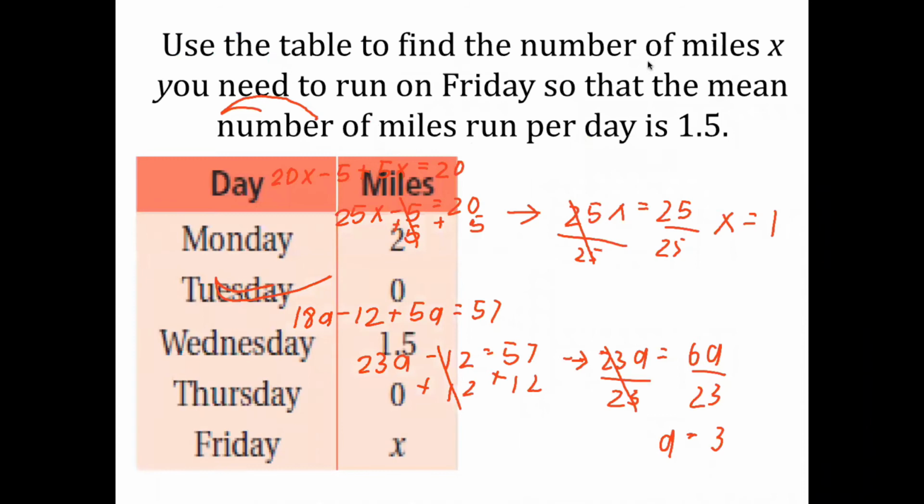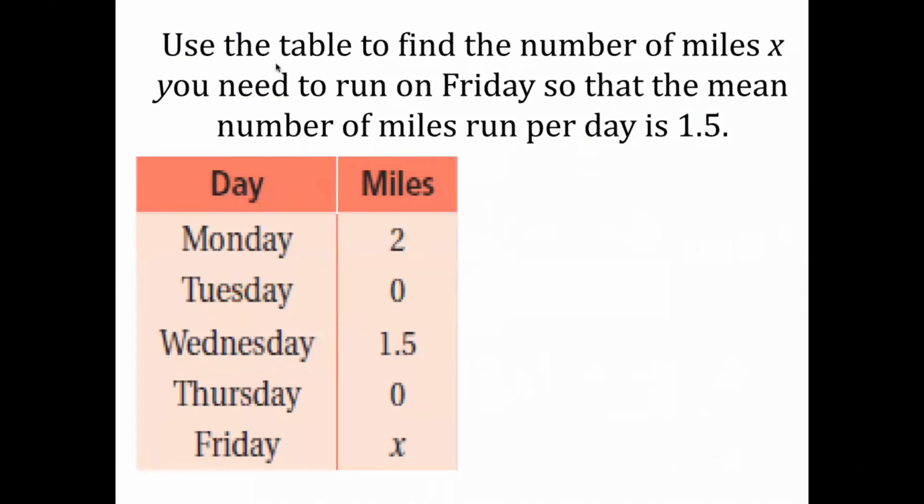Let's go ahead and look at an application problem. So we're given this table with the days of the week and the number of miles we ran on each day. We need to use the table to find the number of miles x we need to run on Friday so that the mean number of miles run per day is 1.5.